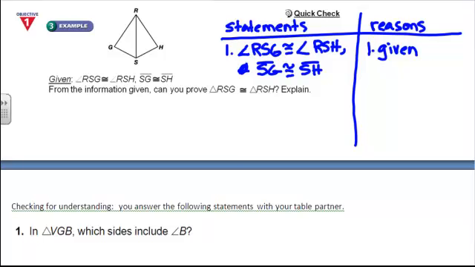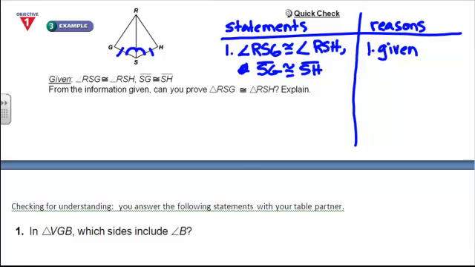So I'm going to mark it on my picture. Angle RSG, right here, is congruent to angle RSH, right there. And SG, this segment, is equal to SH, that segment. I only have two marks on my picture.